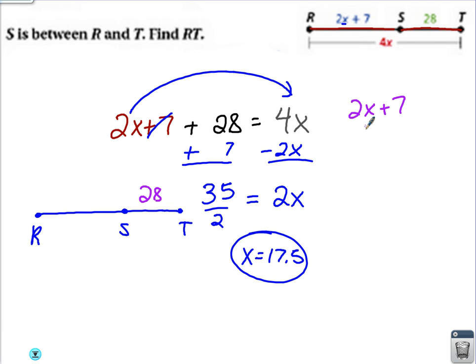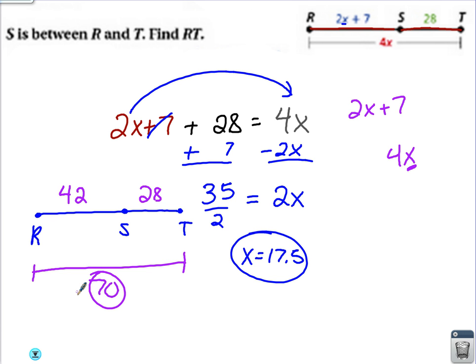Somebody's got your calculator, instead of 2x plus 7, type in 2 times 17.5 plus 7. 2 times 17.5 plus 7 gives you a total of, is it 42? Is that right, 42? Okay, now, the whole thing, RT is no longer 4x. It is now 4 times 17.5. Type it in. What do you get? 70.